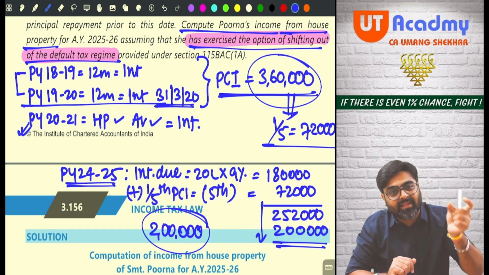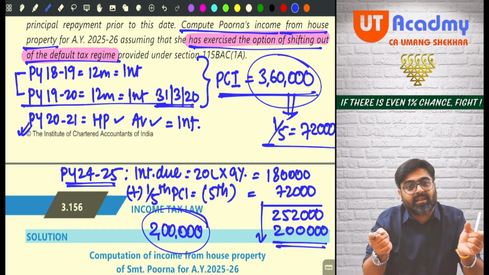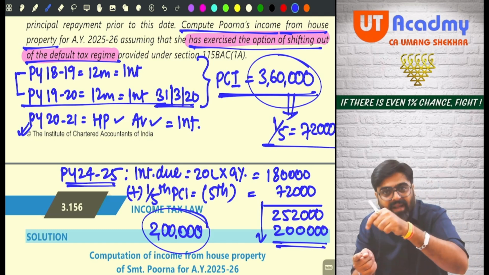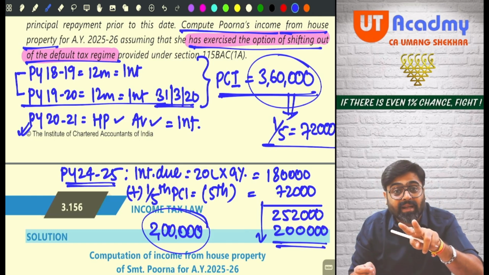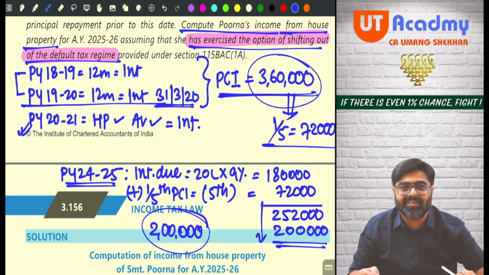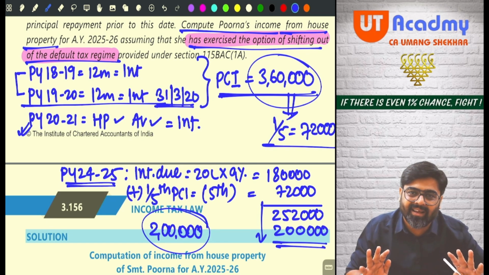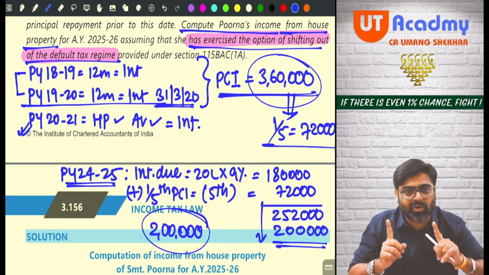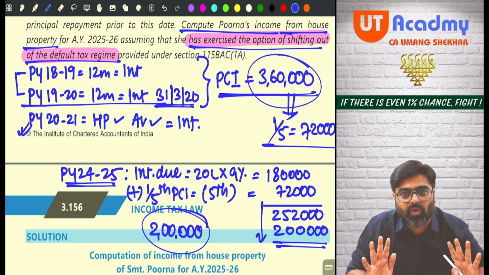And if you take the interest of 8 months as part of pre-construction interest, you are trying to claim that interest for the second time. Understood? Sure? Now please don't commit this mistake a second time, okay?